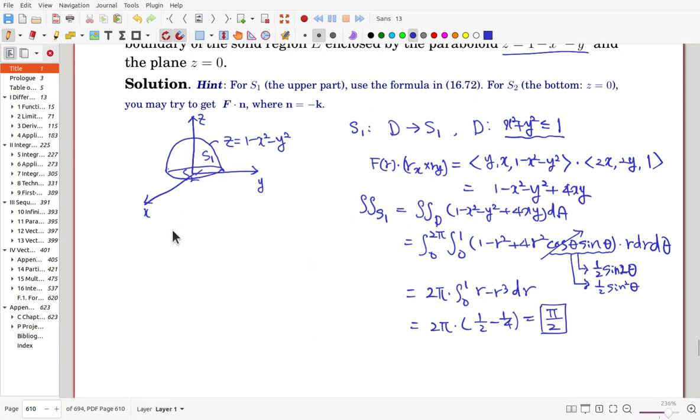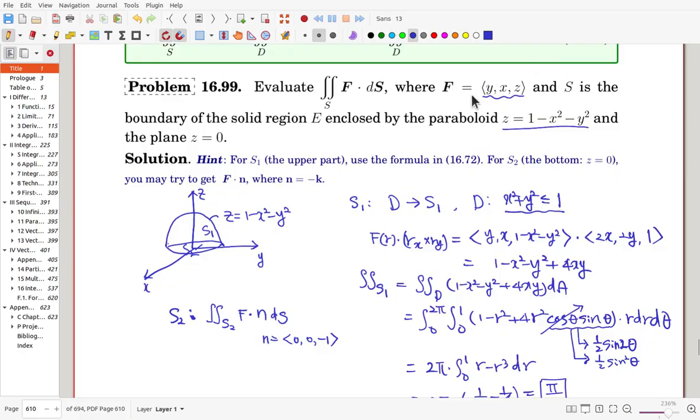Now we'll go to S2. Of course, you can do this similarly along with some parameterization, but here we consider this as F dot n dS. Now for the bottom, n is 0, 0, minus 1. Only we have that minus 1, so we can deal with this one quite easily.